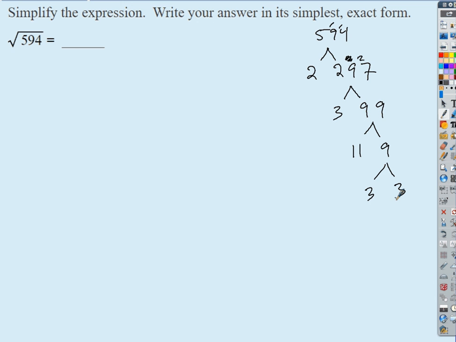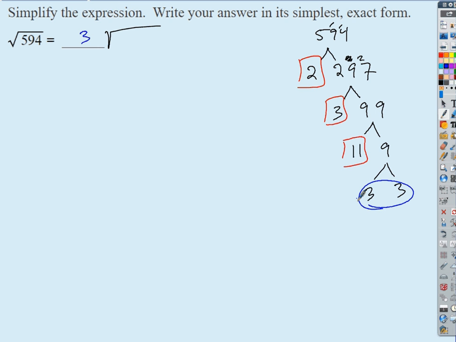So now let's count our couples and singles. Okay, you see any couples? 3 and 3, so I get a couple of 3s and no other couples, right? So all the other things are going to be singles. Okay, so then we get an outside number and an inside number. What's my outside number? 3.